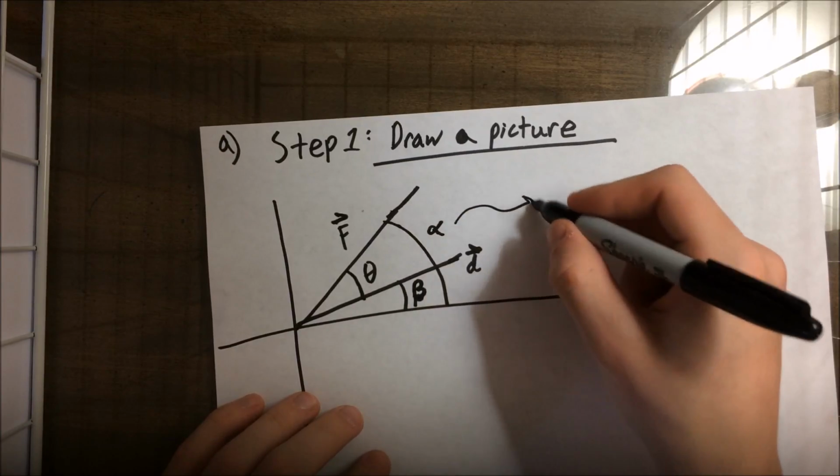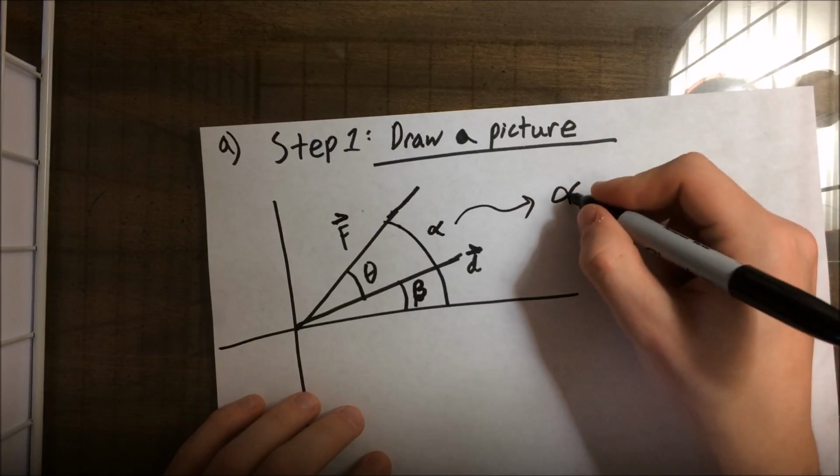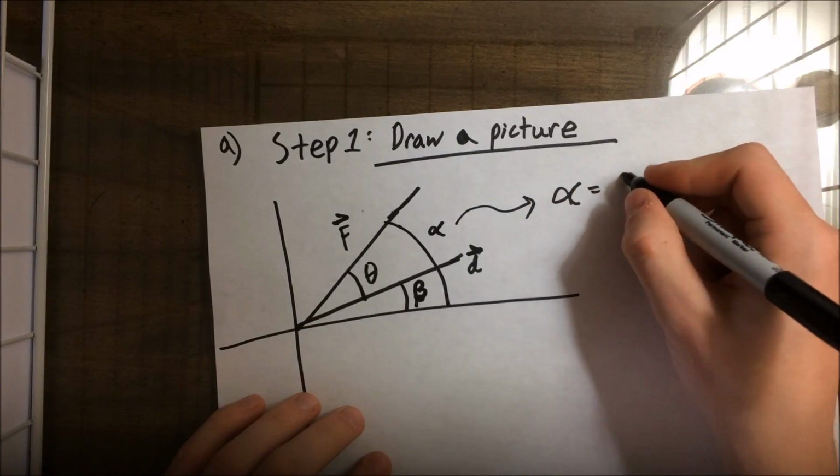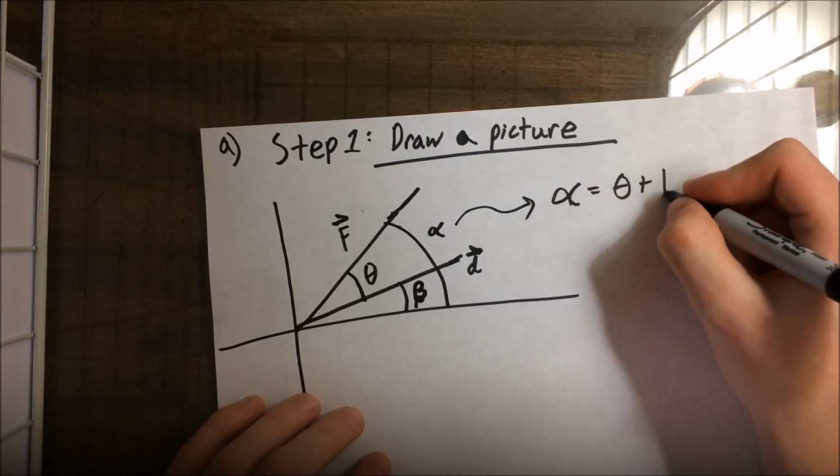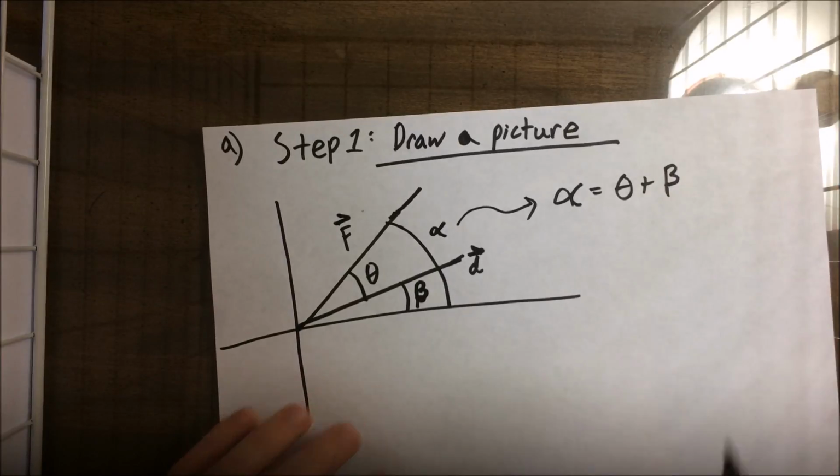So then alpha is equal to theta plus beta.